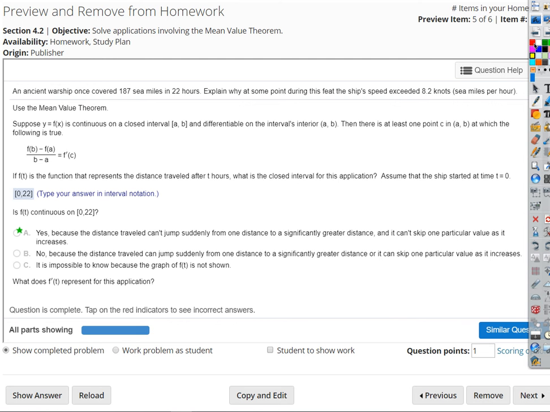Yeah, started at 0, ended at 0, right? So you know that at some point, it has to go, well, it doesn't even matter what it started at. You know that at some point, it has to go 8.5, right? So 8.5 is bigger than 8.2, right? It doesn't ask us where. We don't know where, we don't know what the function is, but it guarantees the existence of that place, okay? All right.